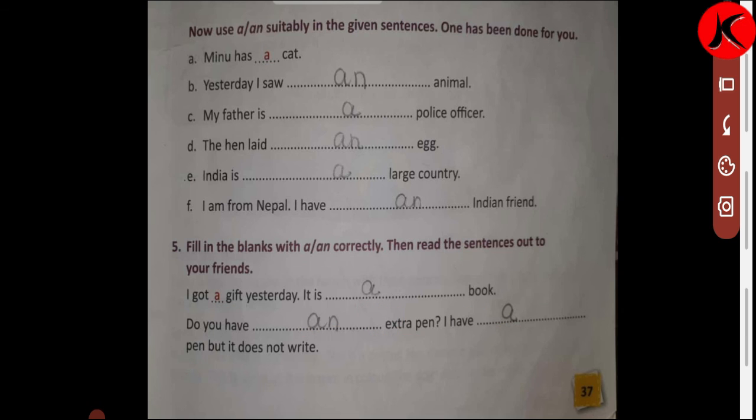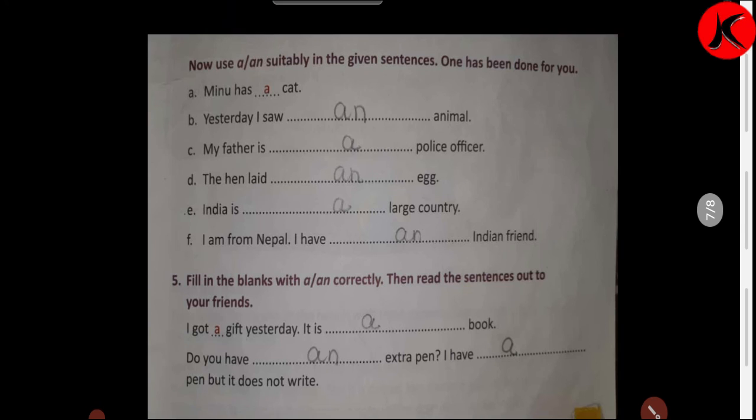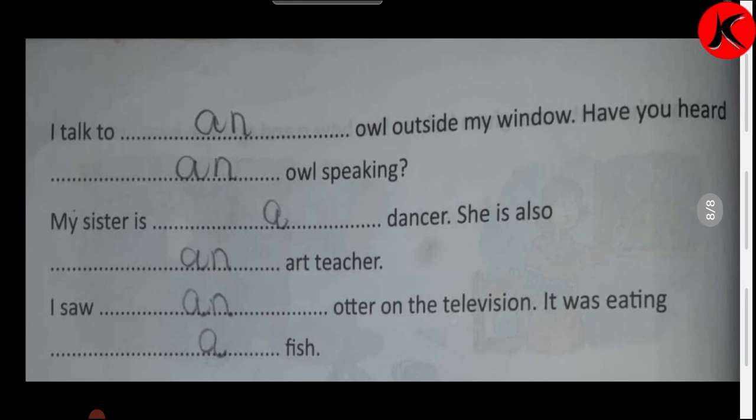So again we will read. I got a gift yesterday. It is a book. Do you have an extra pen? I have a pen, but it does not write. Now I talk to an owl outside my window. Have you heard an owl speaking?